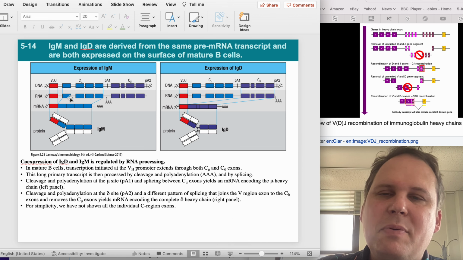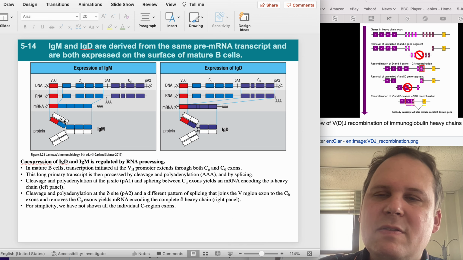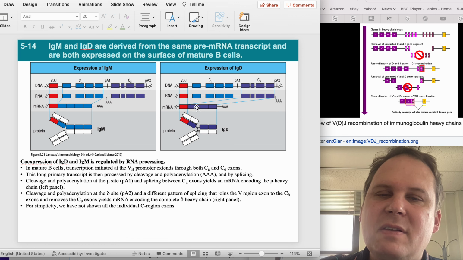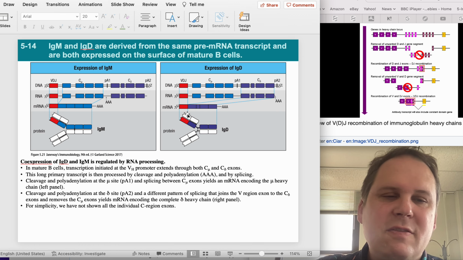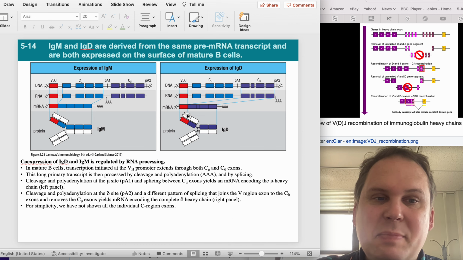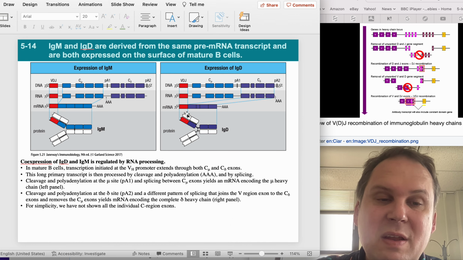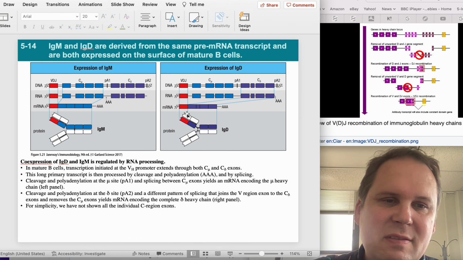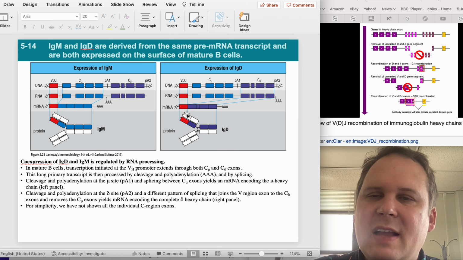You'll make a pre-messenger RNA that could be used to make IgM, or it could be used to make IgD, and so it'll just combine these two different chains on, and the process is determined by splicing, and either one can work. You do tend to get IgM first, but you'll get a bit of IgD once you have started making IgM.